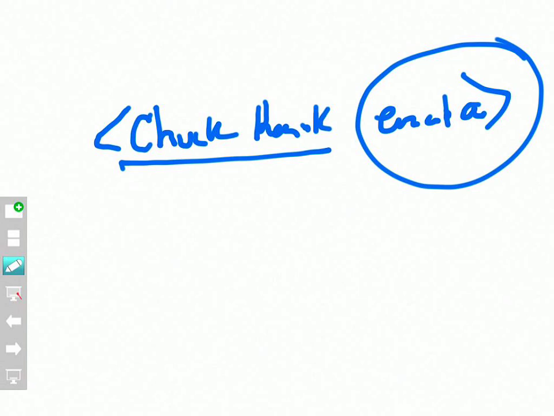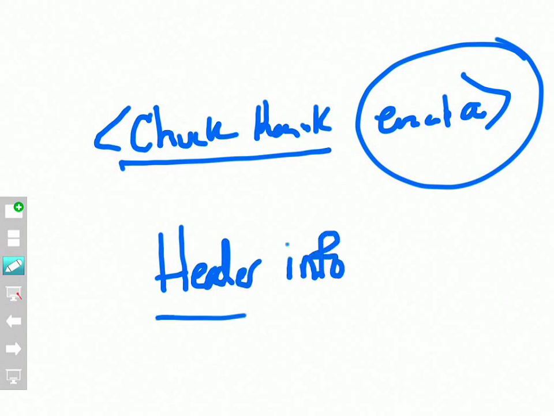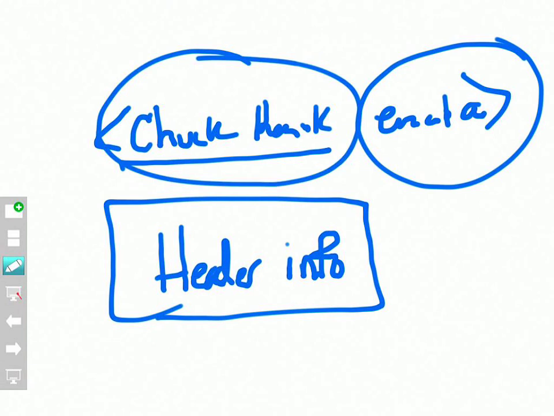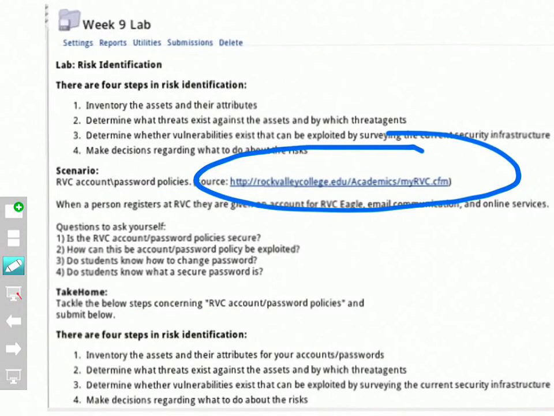When you look in your email, whatever email client you use, the header information will show you the real from address. You might be seeing this, but you might not. They might have fixed that.